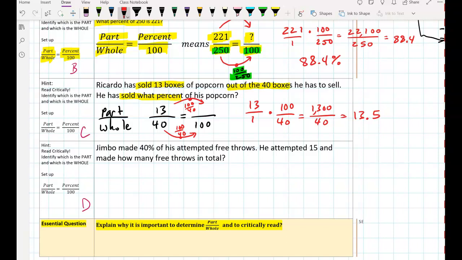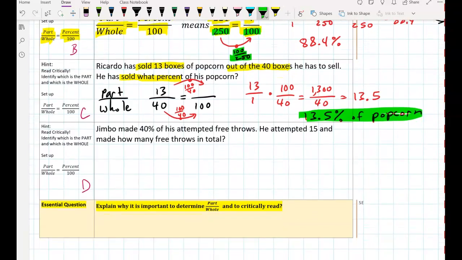So, that means he sold 13.5% of his popcorn. Always make sure that you label your answers. 13.5% of the popcorn was sold. Okay, that brings us to the last one.